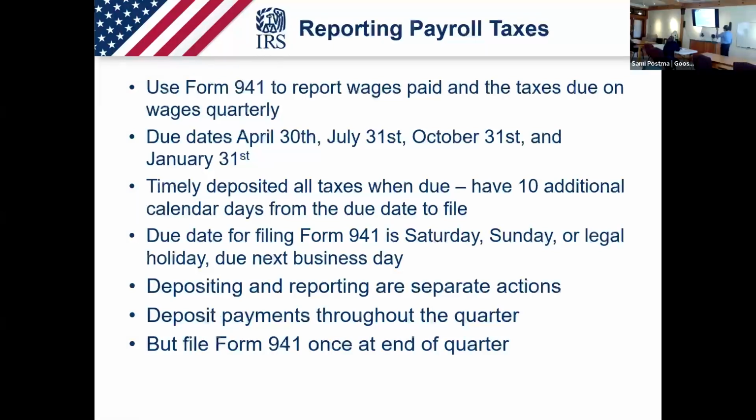So the due dates, April 30th, July 31st, October 31st, and January 31st. This is for when the filing deadline is. The deposit deadline, though, is earlier, right? We've seen how even for a monthly depositor, it's the middle of the month. So the deposits should all be in, but the payroll tax form is not due till April 30th.